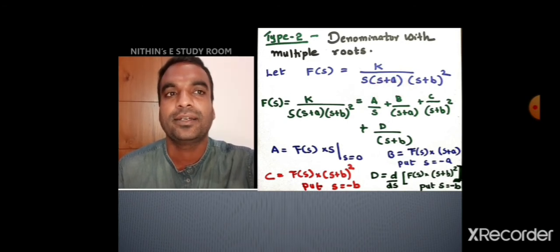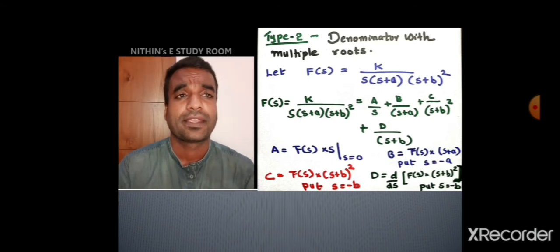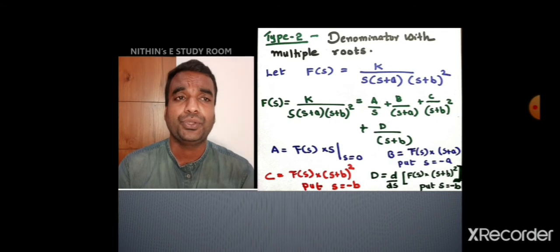For the third term, it is (s plus b) square is equal to 0. So you will get (s plus b) into (s plus b), so s is equal to minus b and minus b. Two roots are there. So multiple roots are there.